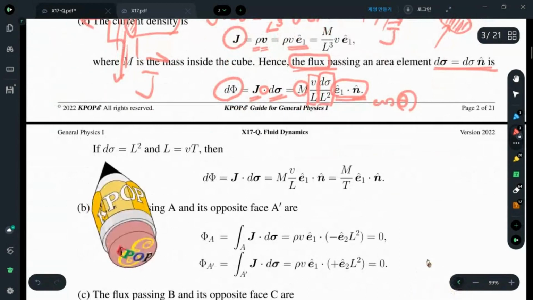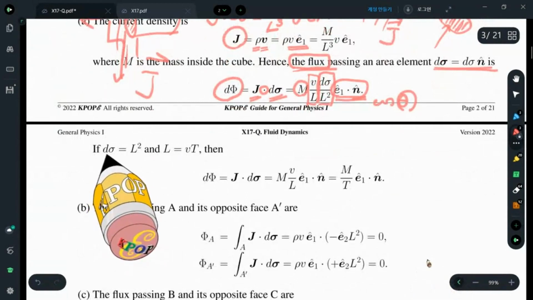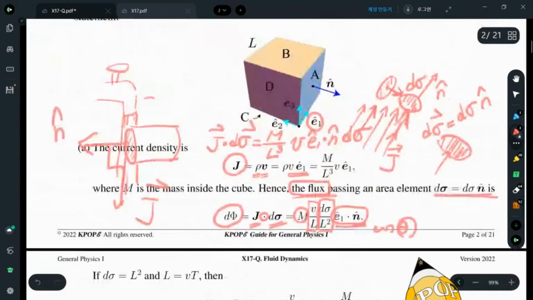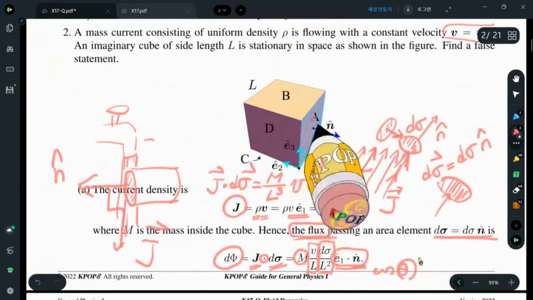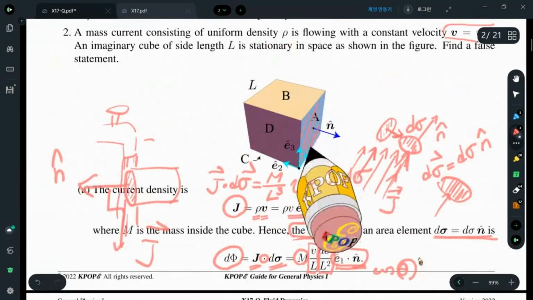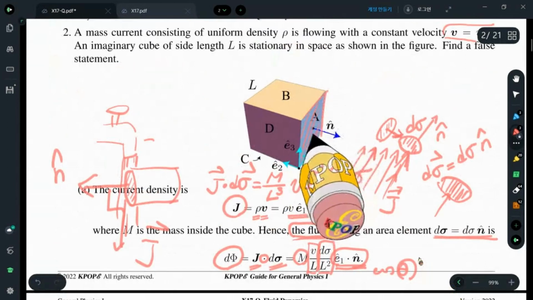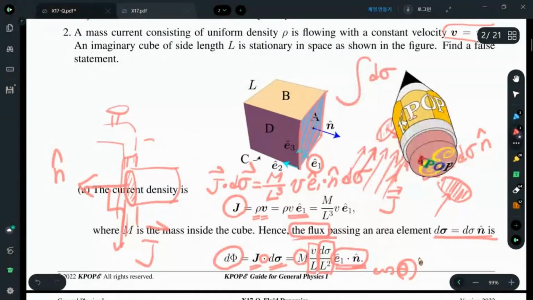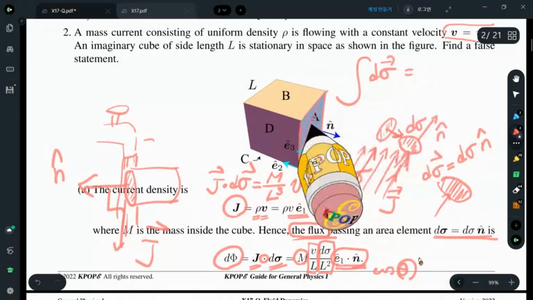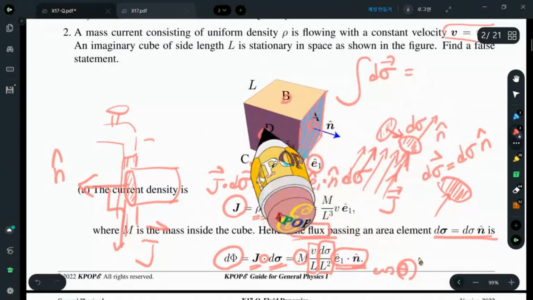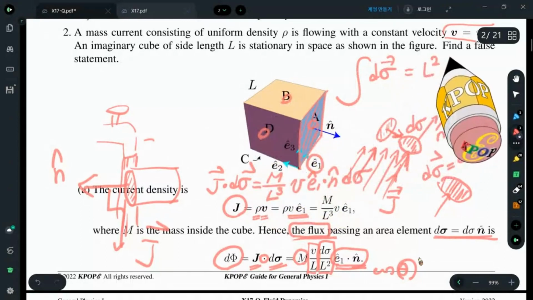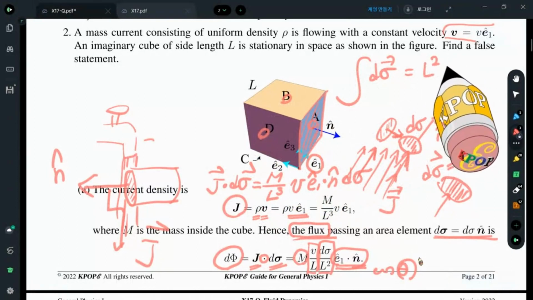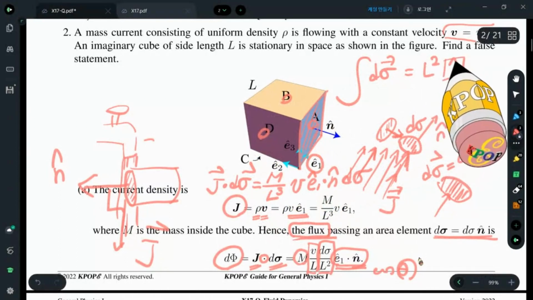Okay, why don't we substitute in this problem? Actually, this sigma is uniform, and this integral on each face is just L squared multiplied by some unit vector.